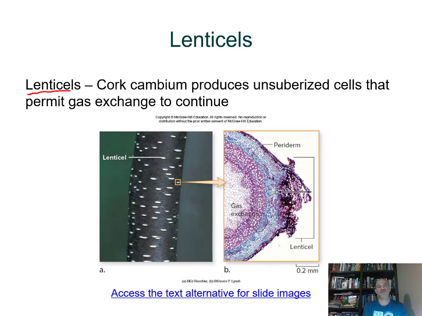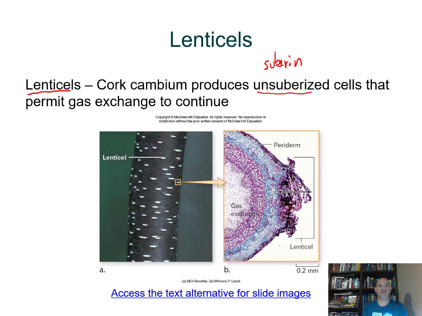And so these lenticels are just going to be little areas where you do not have the waterproofing. It's a waxy, lipid material, and lipids don't like water. The lenticel is unsuberized, because the name of that compound is suberin, which I mentioned earlier when we were talking about the Casparian strip inside of the root.